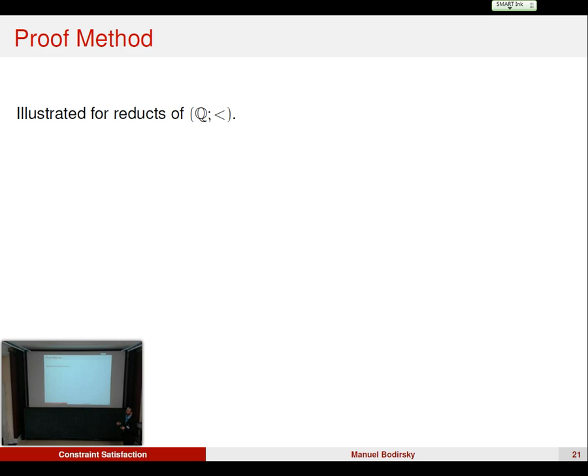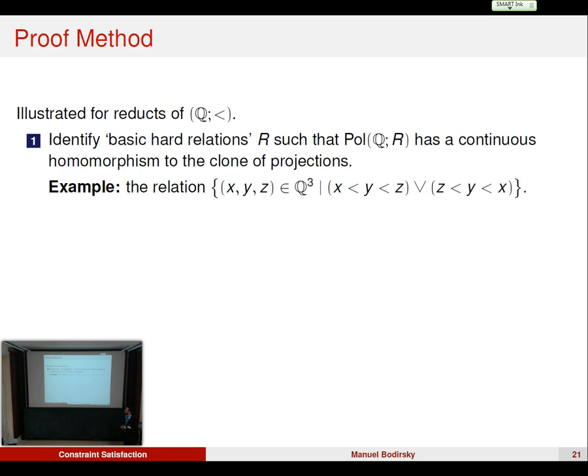I'll illustrate it for reducts of Q. So the first step is to identify some basic relations R where you know that if your polymorphisms preserve R, then they must have a continuous homomorphism even to the clone of projections. For instance, this can be done for the betweenness relation. And the betweenness relation, if you look at the polymorphism clone of the betweenness relation, it will have a continuous homomorphism to the clone of projections.